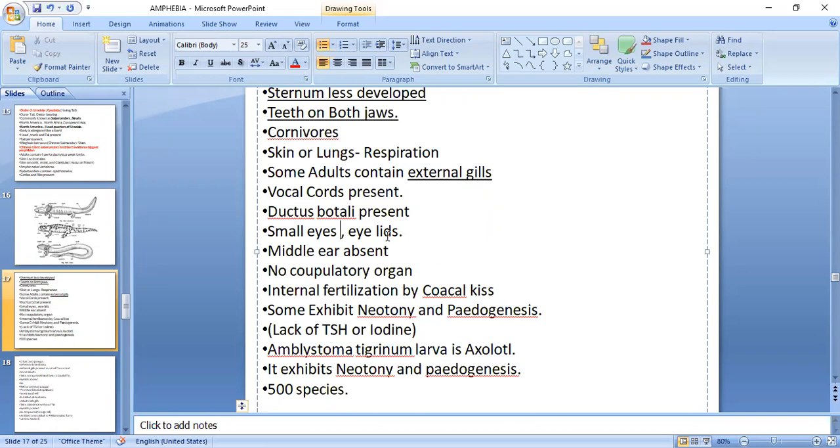Here eyelids are present. Middle ear is absent here, while in frogs it is present, and there is no copulatory organ.